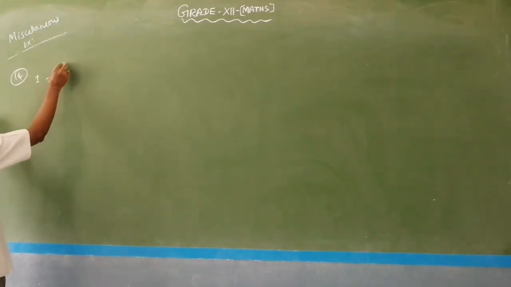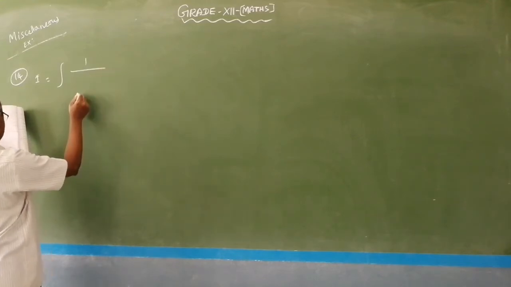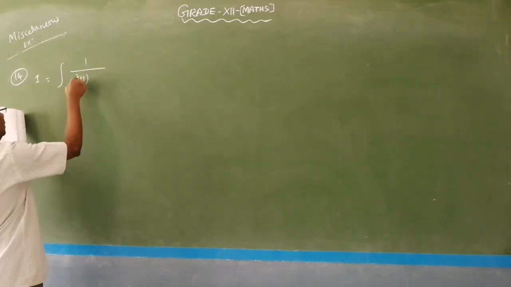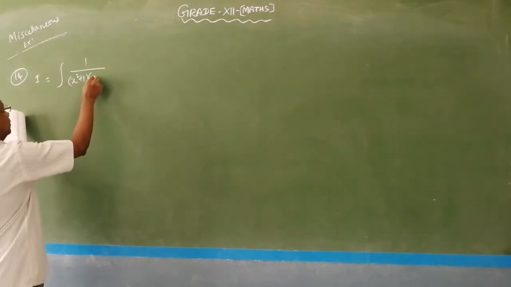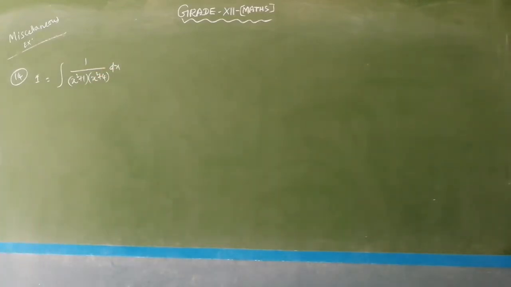Question number 14. Let I equal to integral 1 by x square plus 1 into x square plus 4 into dx. Here the denominator is the product of two quadratic functions.